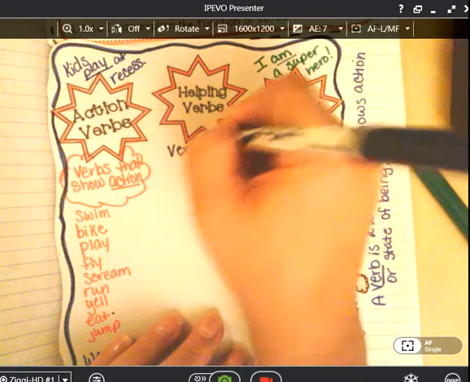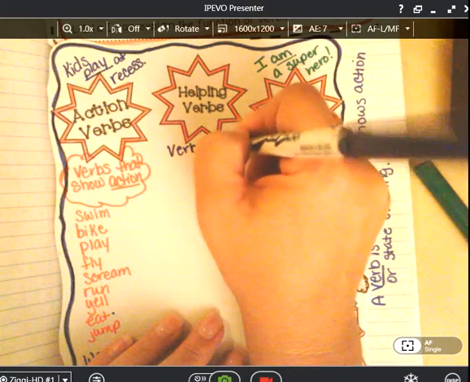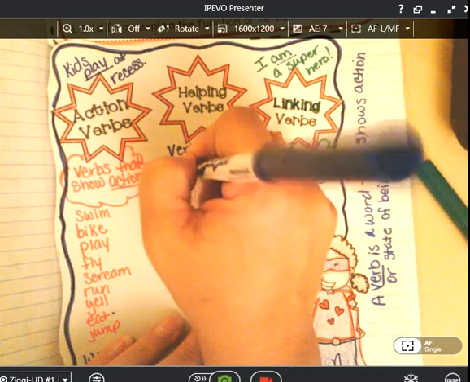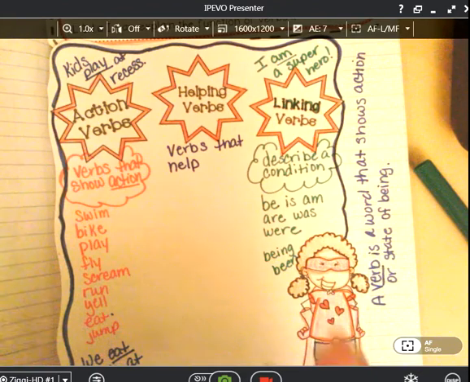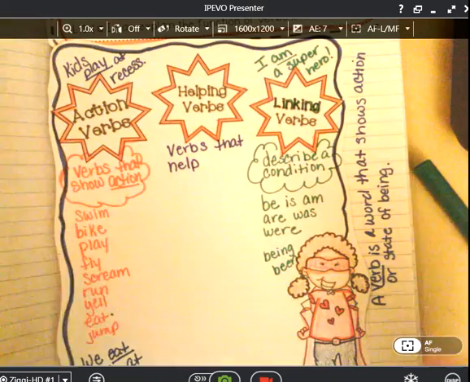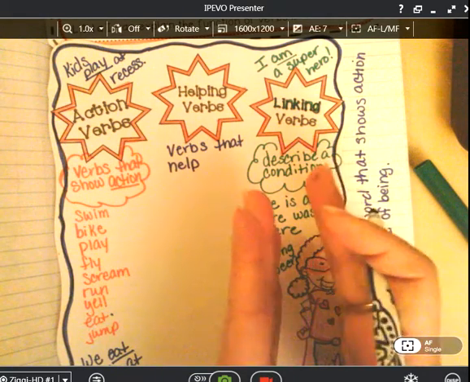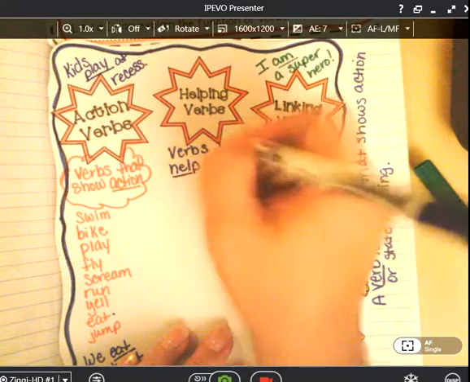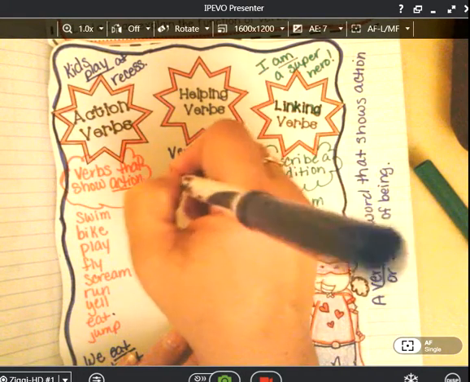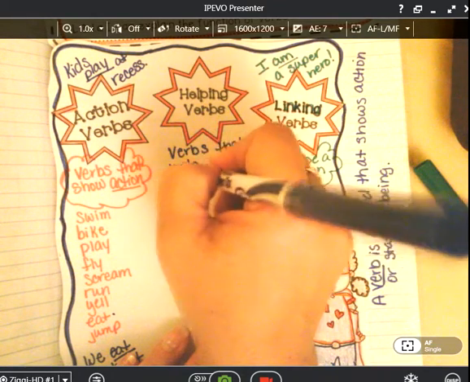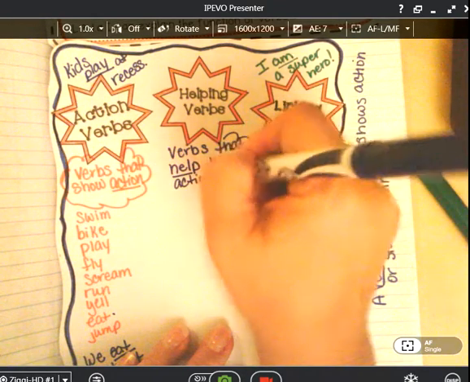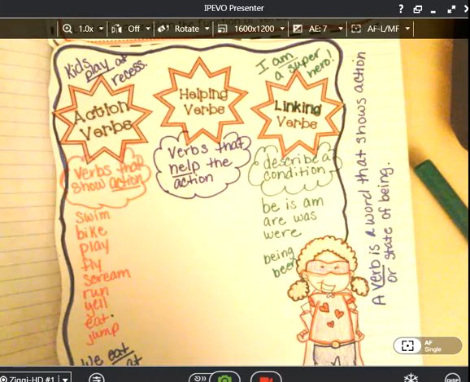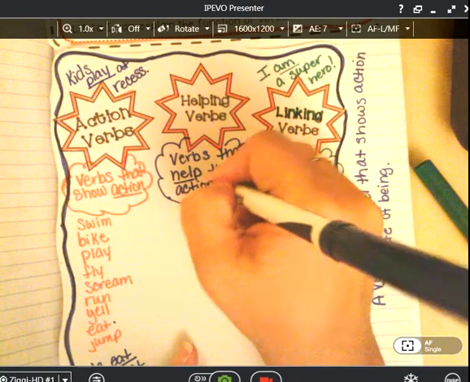And what I mean by that is they will help give a sense of time into when something is happening. It's kind of like they use the linking verbs, but they're doing it to tell when something is happening. So the helping verbs help the action verb.